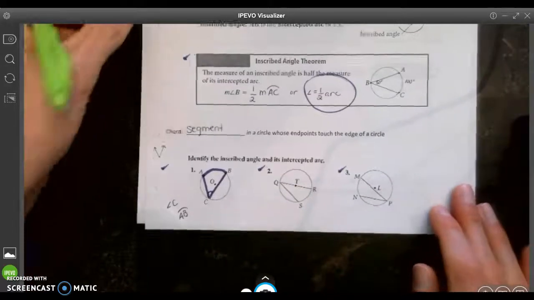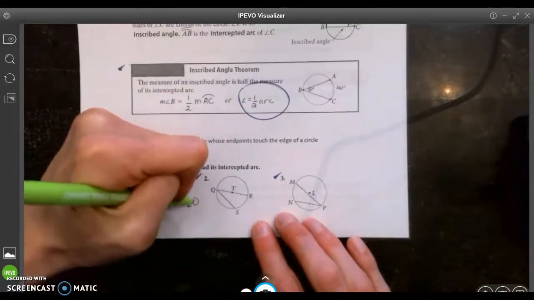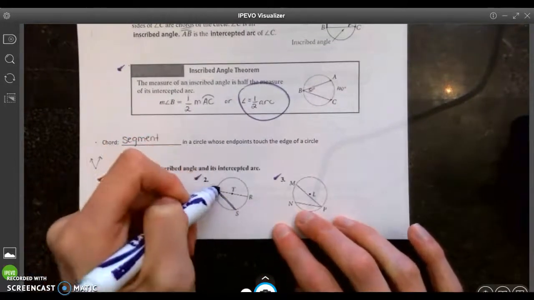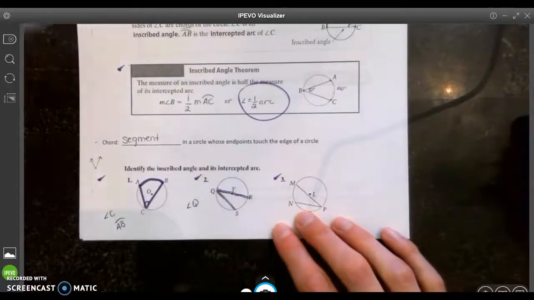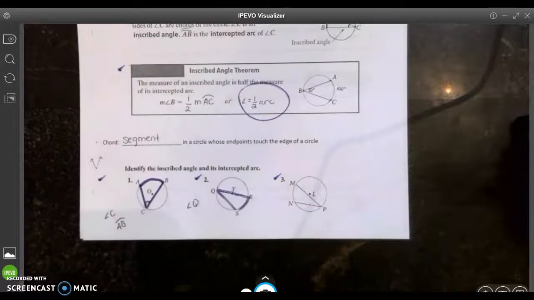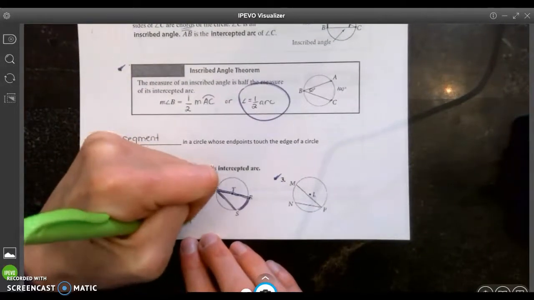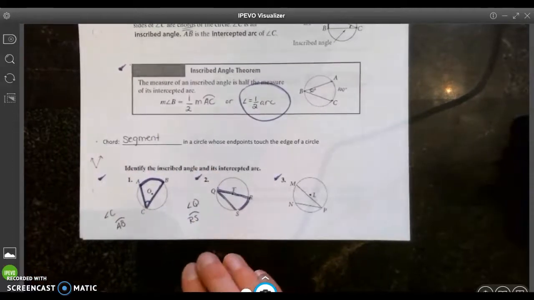So if we look at number 2, my angle is angle Q. If I highlight those chords to see where the arc is between, now those 2 purple lines, arc RS. So the angle is angle Q, the intercepted arc, the arc that goes with it, is arc RS.